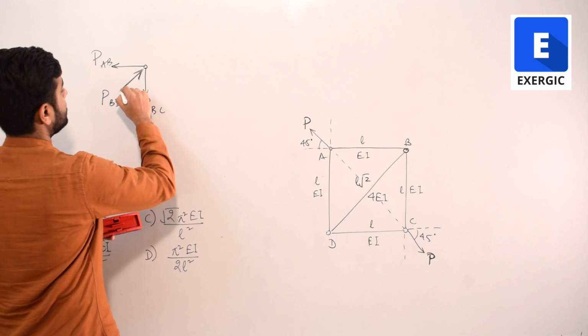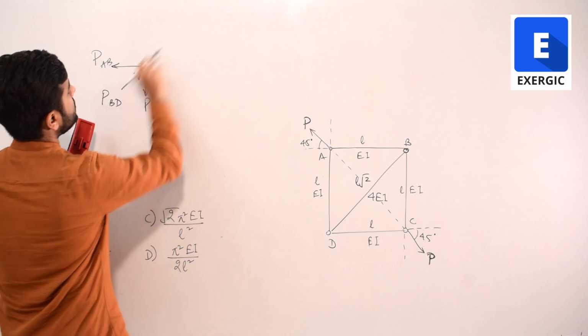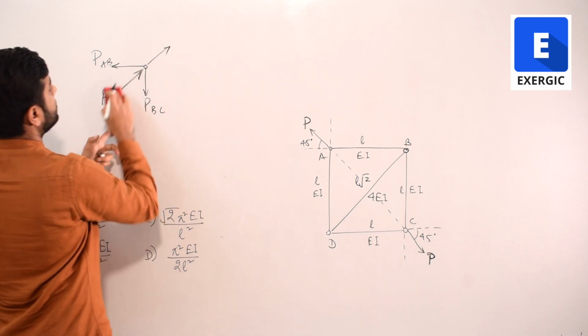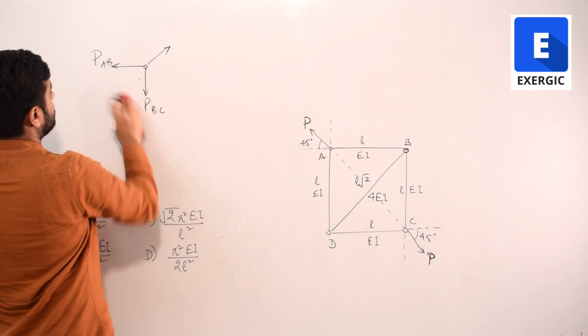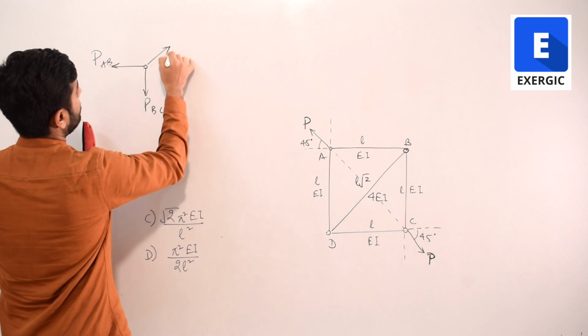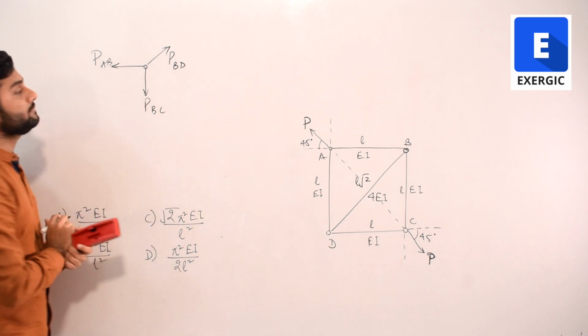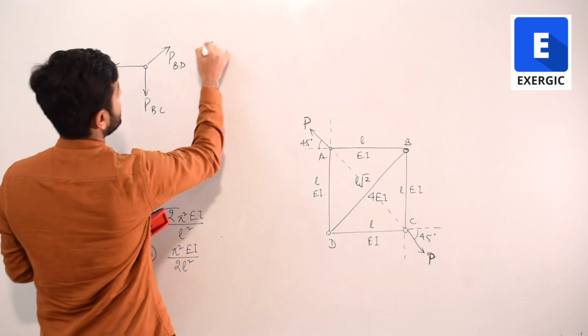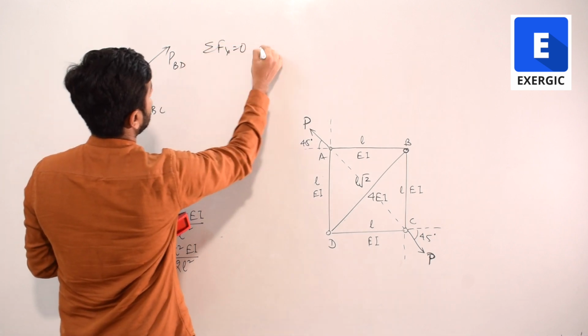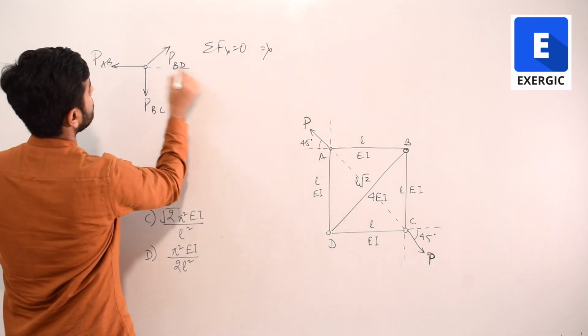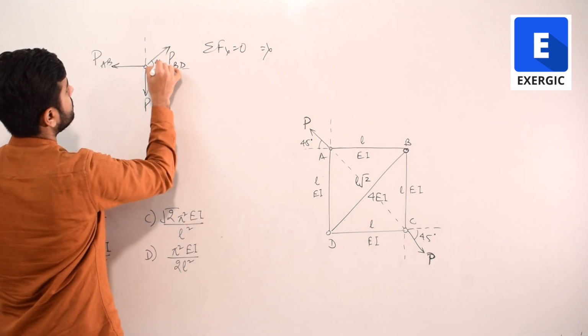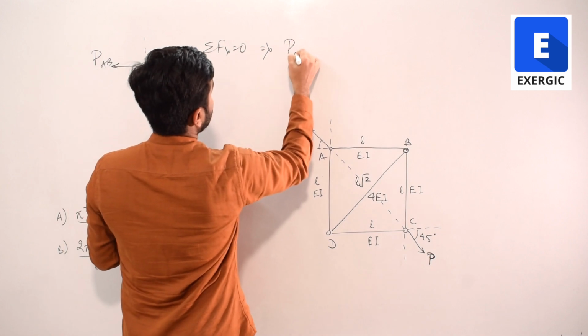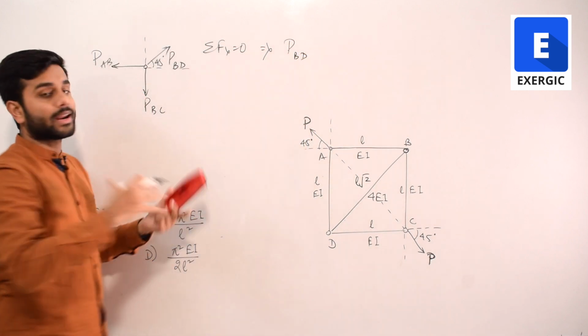And this we can definitely push ahead and represent like this. So this is PBD. Now applying the same summation Fx is equal to 0, what you will get? PBD, and P here is already compressive.